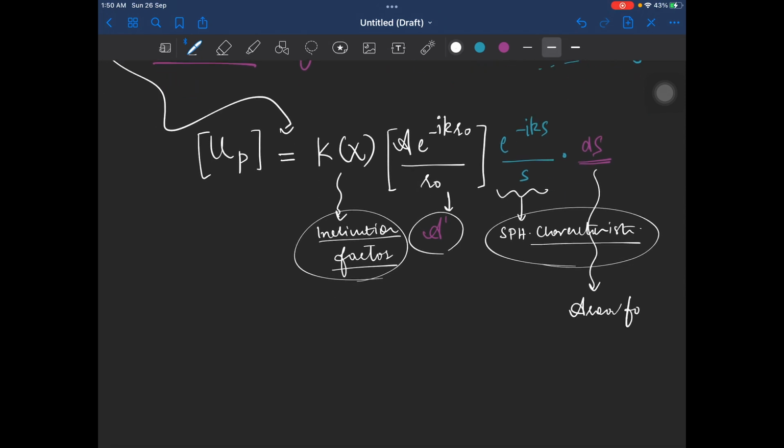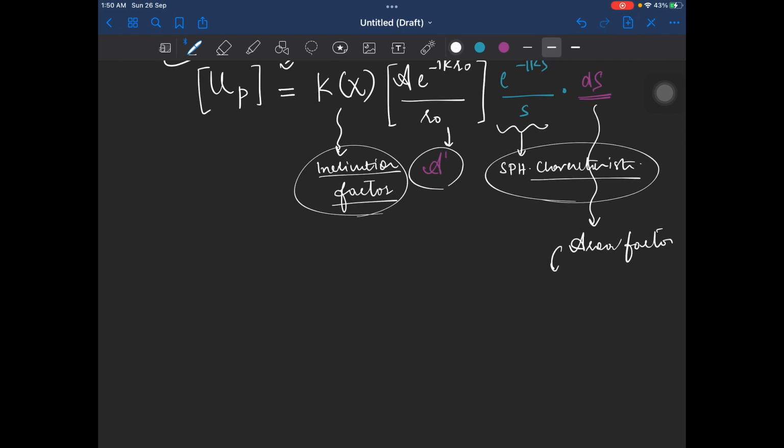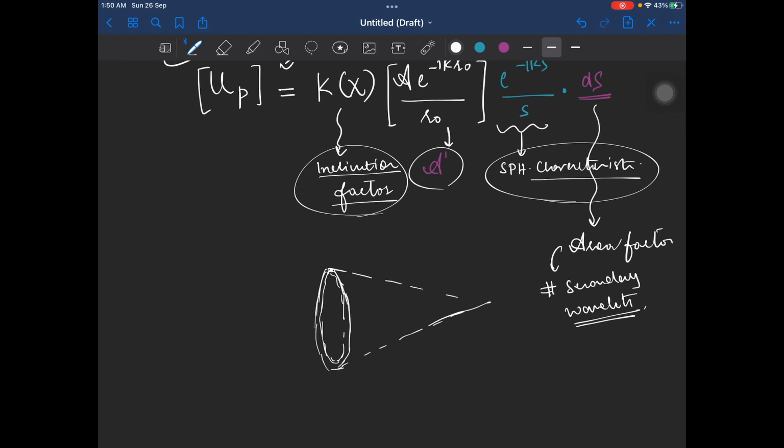I would like to see this as a number of secondary wavelets, sorry, I'm jumping steps. Of course, right? Because it's not just one emitting, it's the whole area emitting. This whole strip has this inclination chi. This is P.